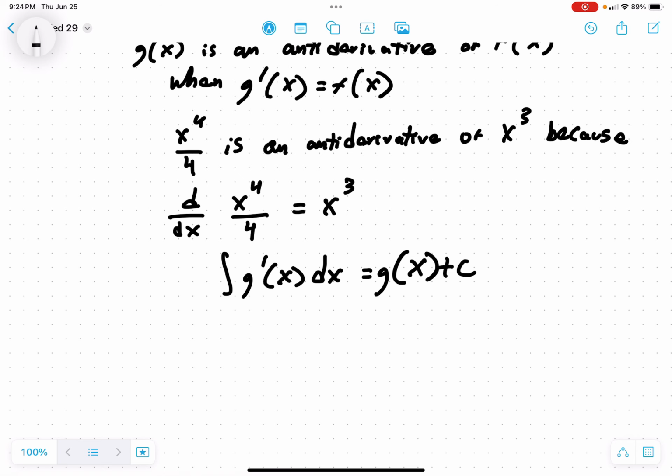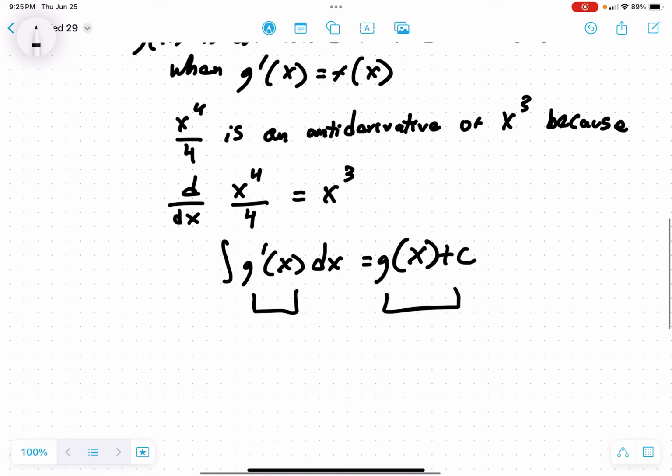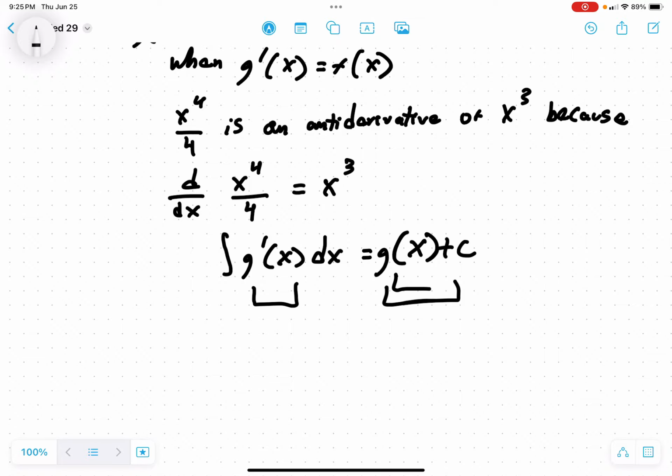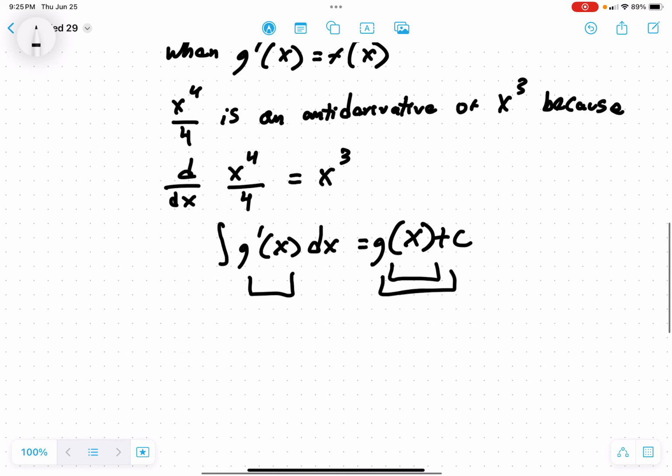And we add this constant c on because whenever we evaluate an integral, to get back to what's inside the integrand from this result, we take the derivative of this. Now, when I take the derivative of g of x plus c, I get g prime of x plus 0.